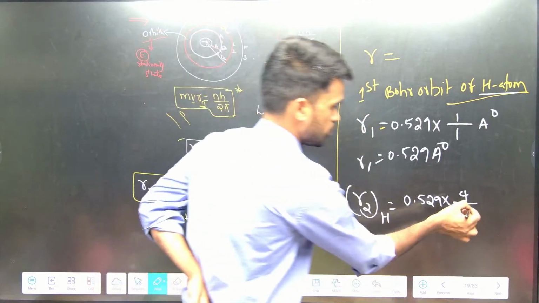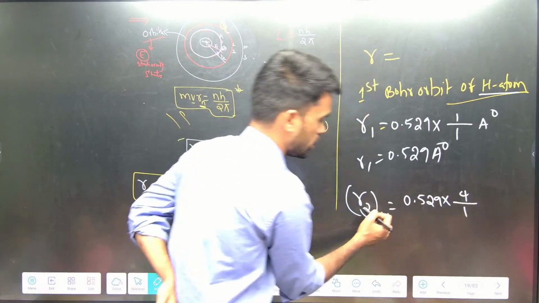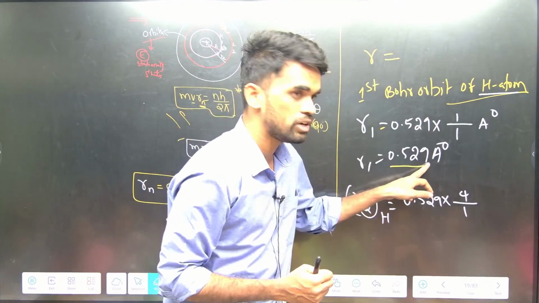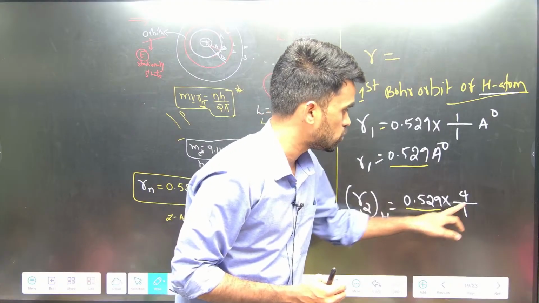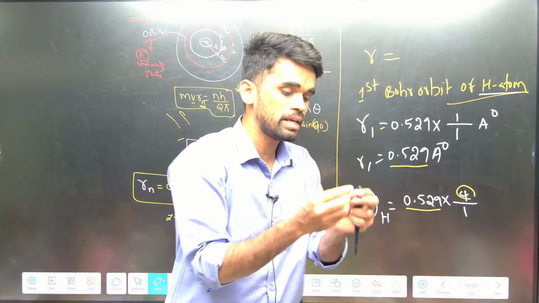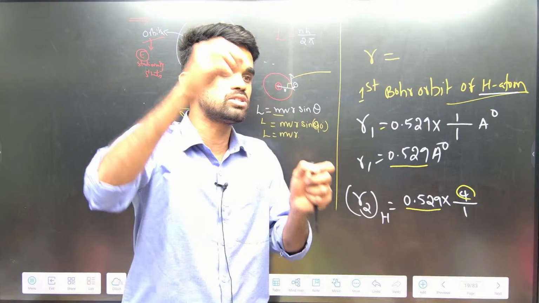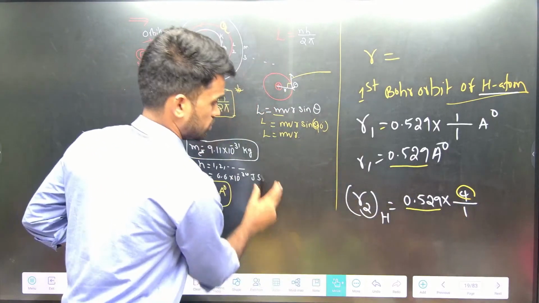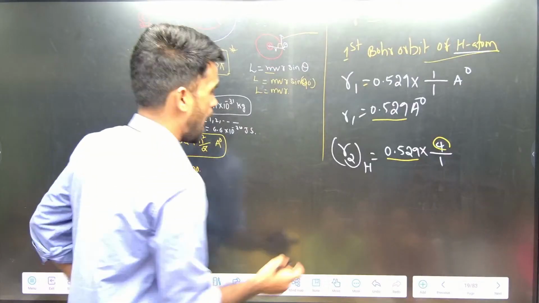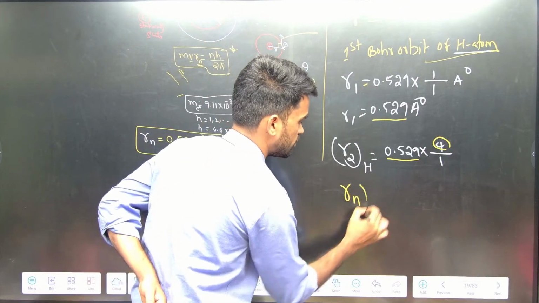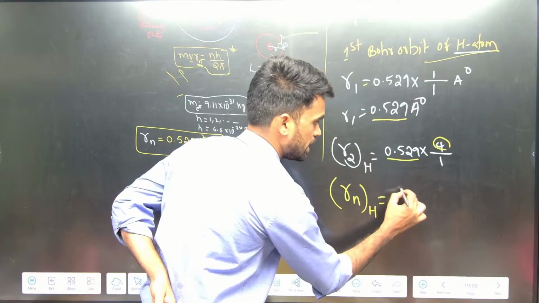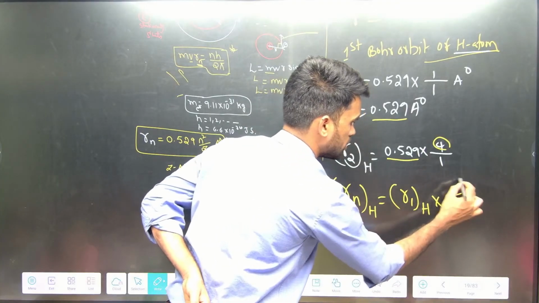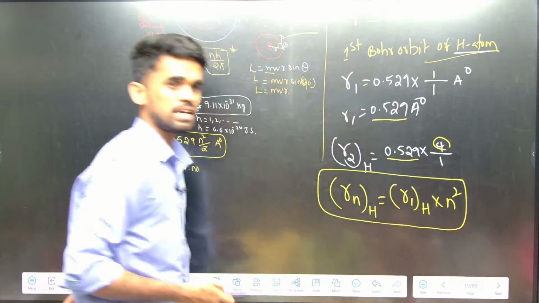So you multiply this and get the second Bohr orbit, 0.529 into 4. As the n value increases, the radius also increases. It is increasing, isn't it? So the radius of the nth orbit of hydrogen equals the radius of the first orbit multiplied by n square. Can we make it like this simply?